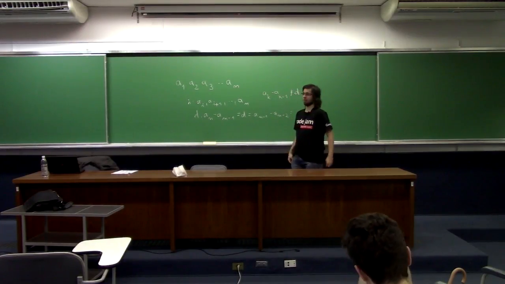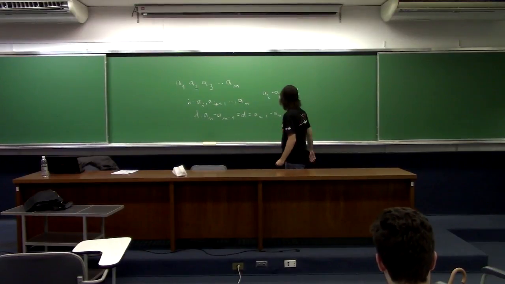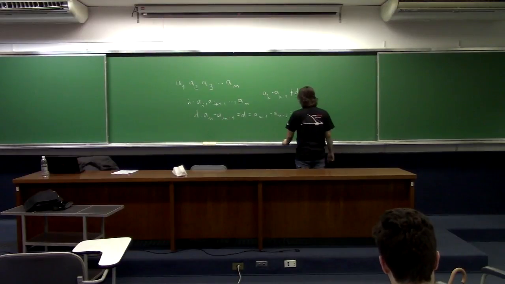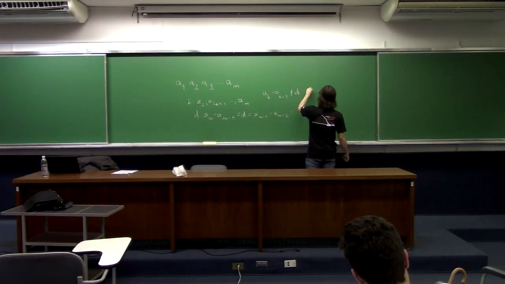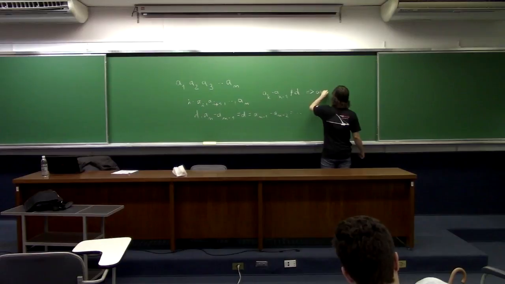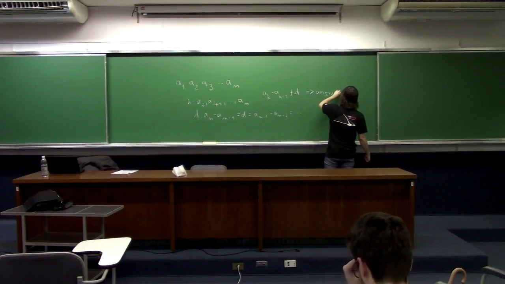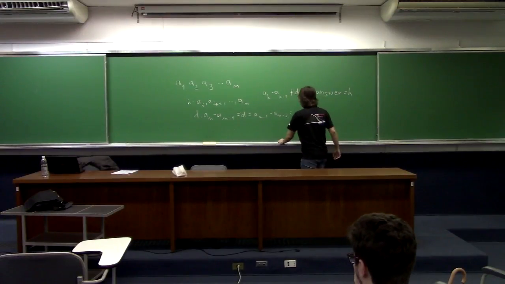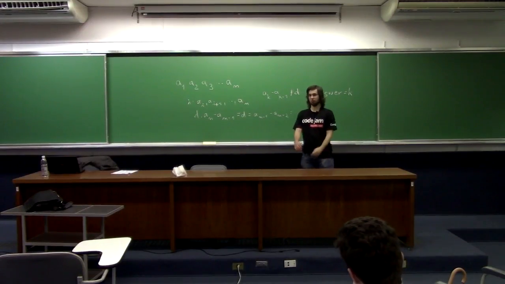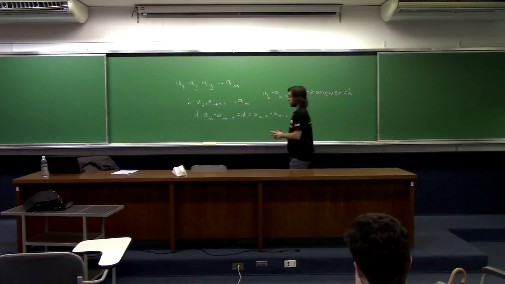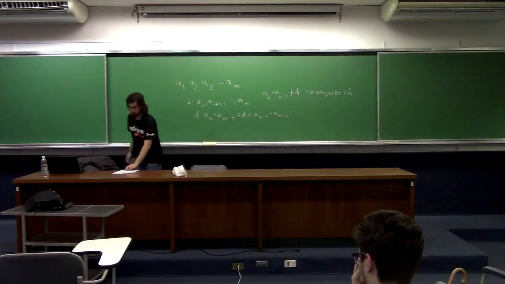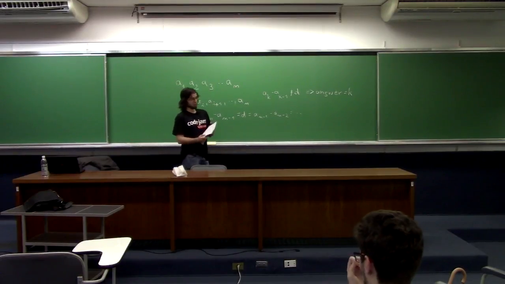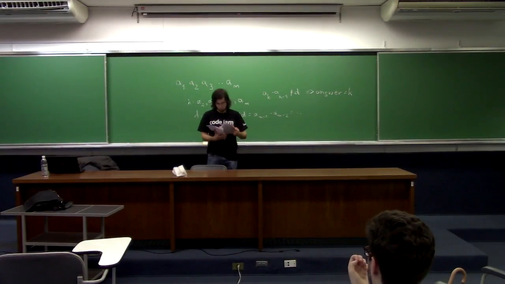Obviously k is at most n minus 1. This is all we need to do. It's quite simple. And of course, this works in linear time, in the size of the input.